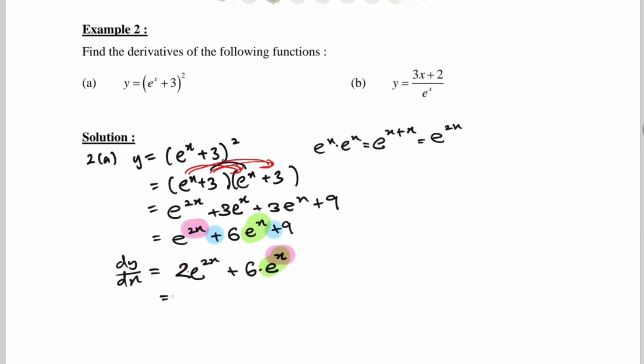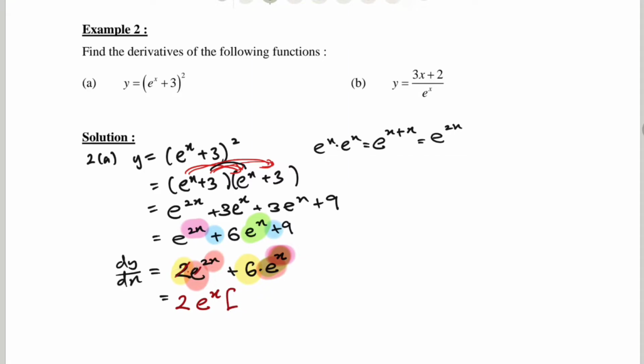But you can also factorize before you end this question. What can you factorize? I can see that there is e to the power of x at both terms. And also I can see there's number 2 with 6. So that means I can factorize the smallest common factor, which is 2, and also e to the power of x.